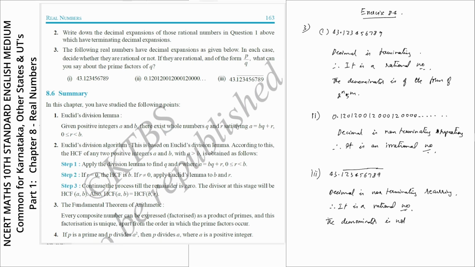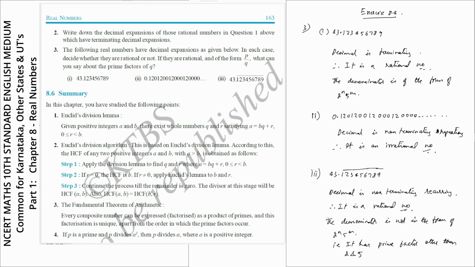So that means it has prime factors other than 2 and 5.